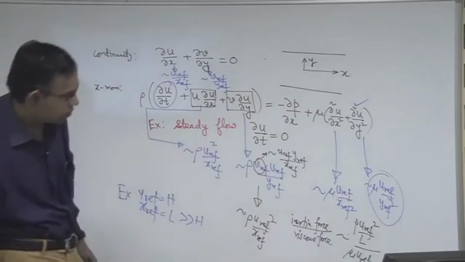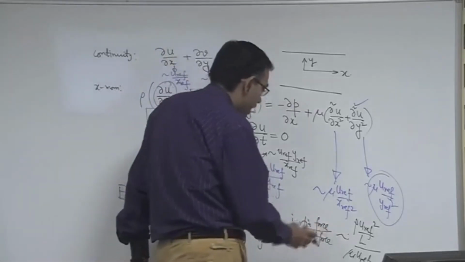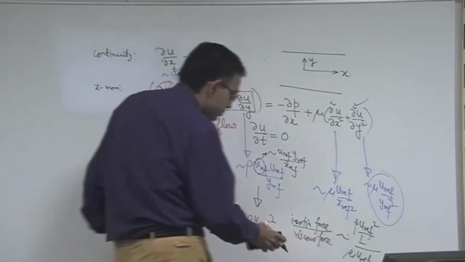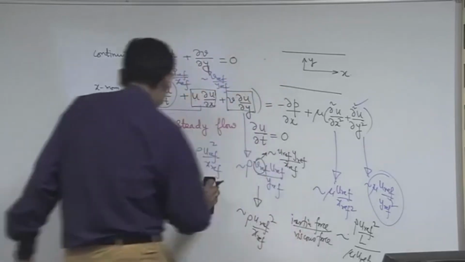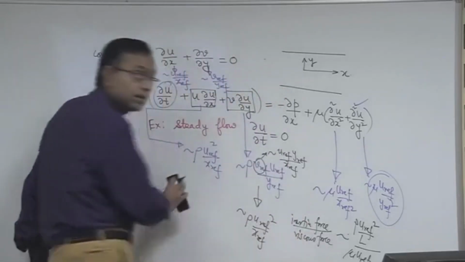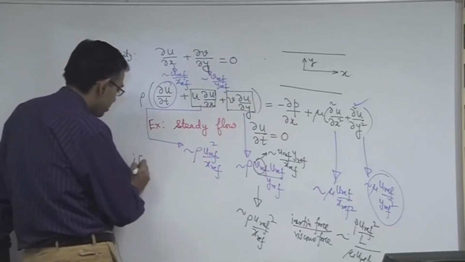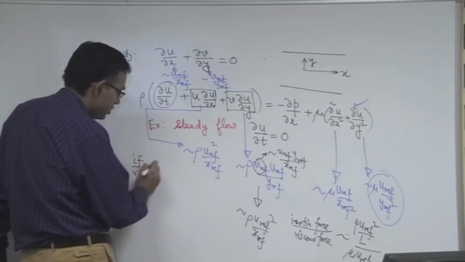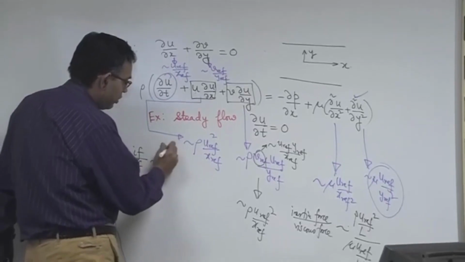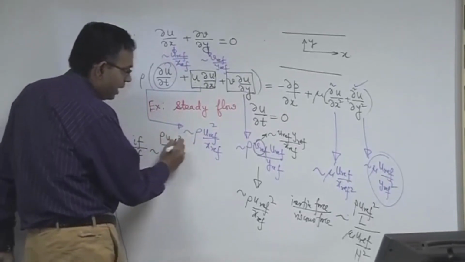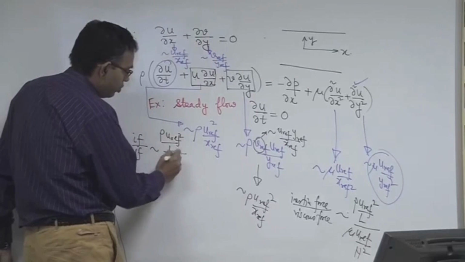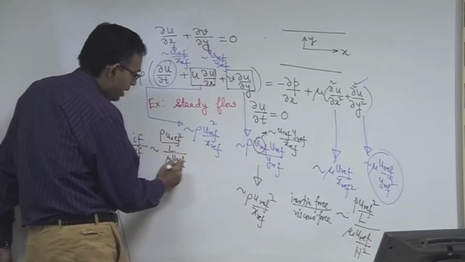I am sorry that this is not visible on the board, I will write it at a separate place. So, write it here. Inertia force by viscous force is of the order of rho u reference square by L by mu u reference by h square.